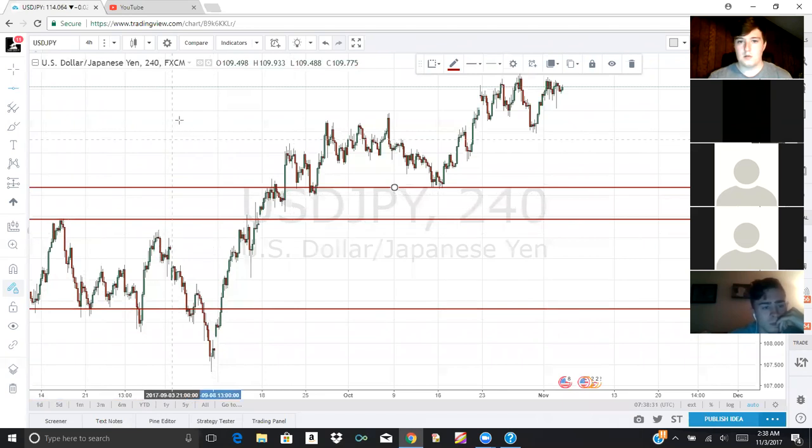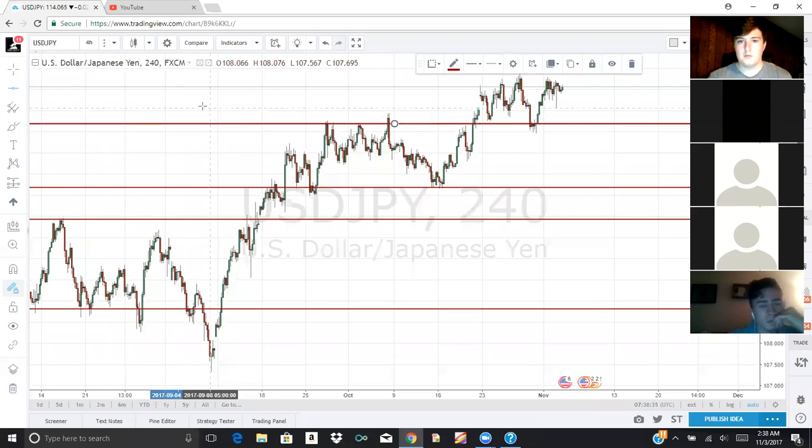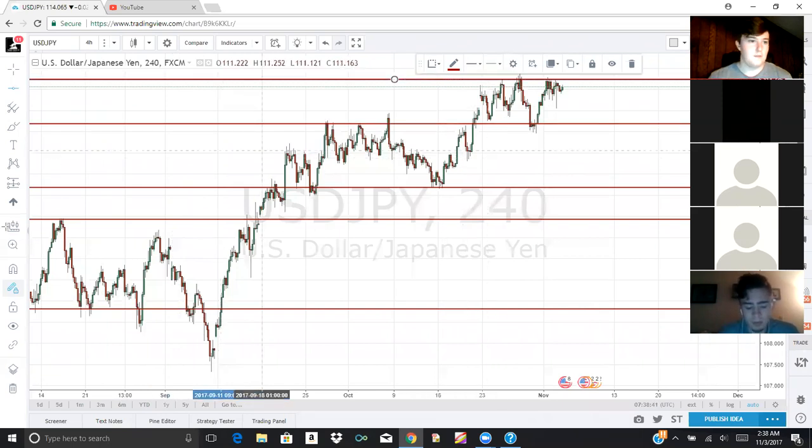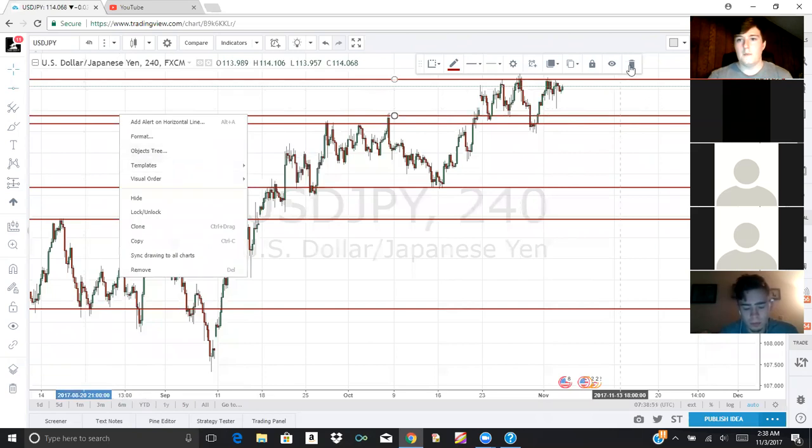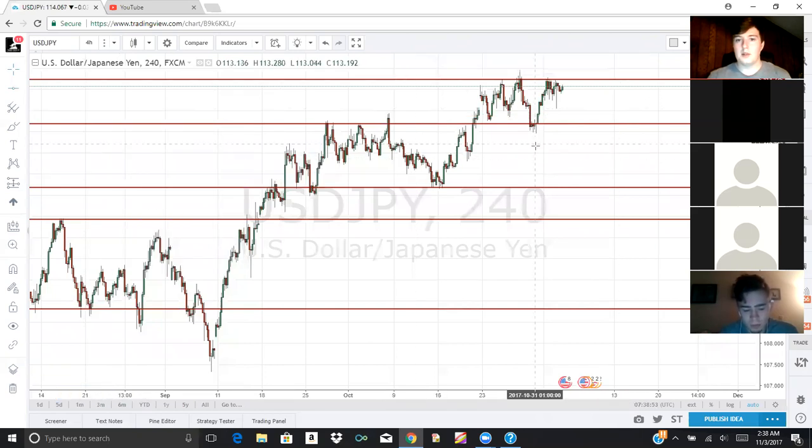I'm just gonna do this real quick. Okay, perfect. So ceiling, floor, support, resistance, right? Basically what that means, those are levels of support and resistance, supply, demand, right?